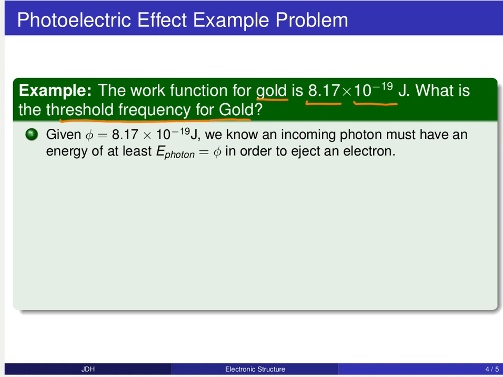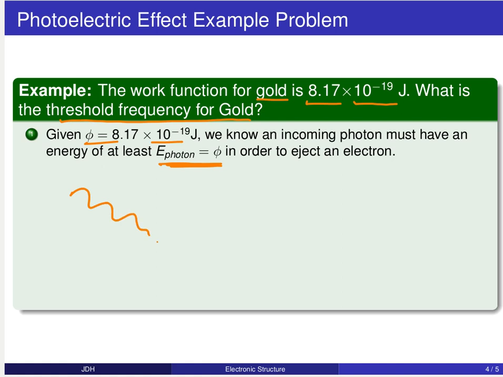Recall that threshold frequency is the minimum frequency of photon required to actually kick electrons out of that metal, and we denote the work function using phi. So we know phi, and we want to figure out the energy of the incoming photon. The incoming photon must have an energy equal to phi.